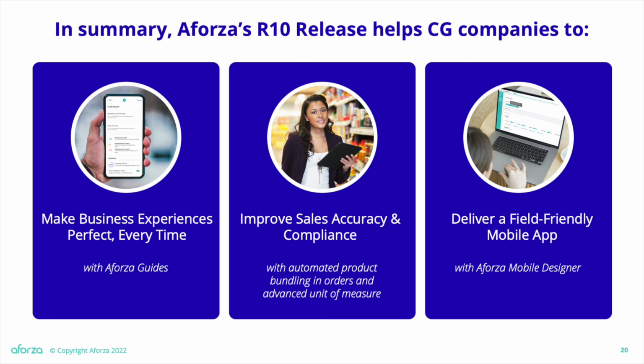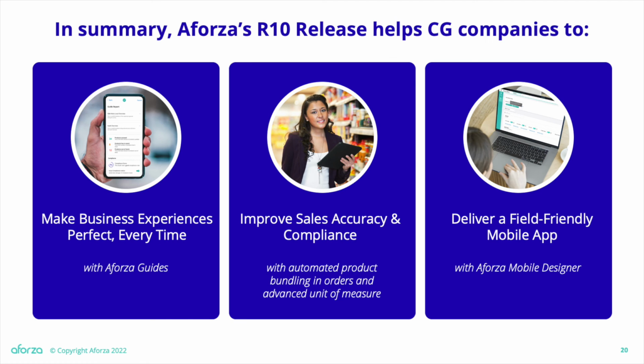So let's take a step back. In summary, what did we see? So we saw Aforza guides and how we could actually make those business experiences during execution time perfect every time. Taking the experience of your business users and making sure that all of your field teams have that experience in the palm of their hands. We also saw how we could easily and accurately create orders using the new bundles, units of measure, and promotion capabilities.